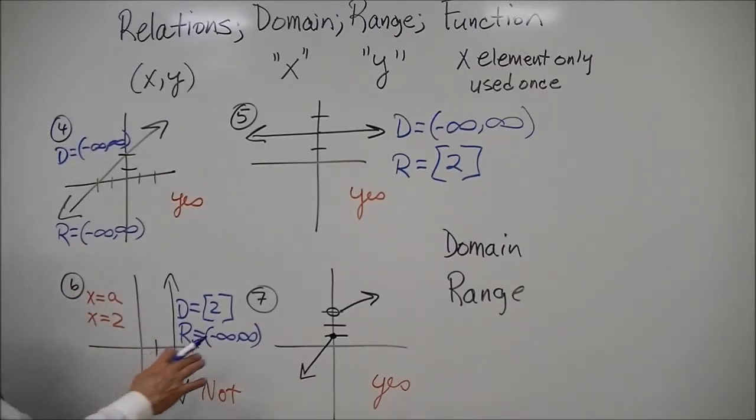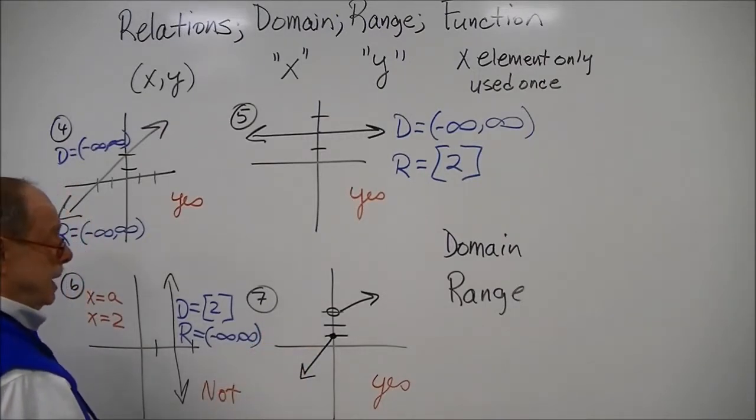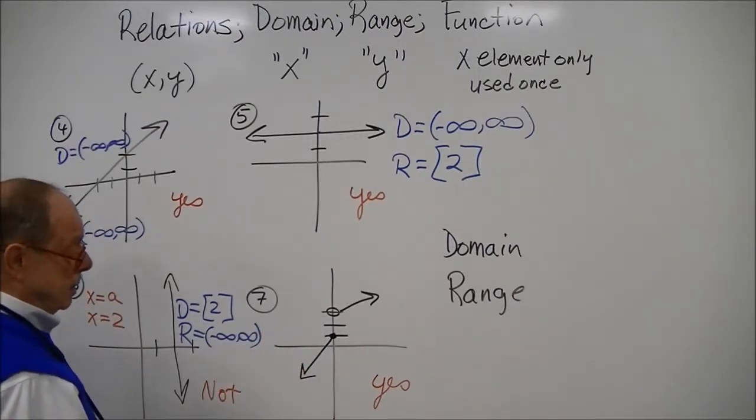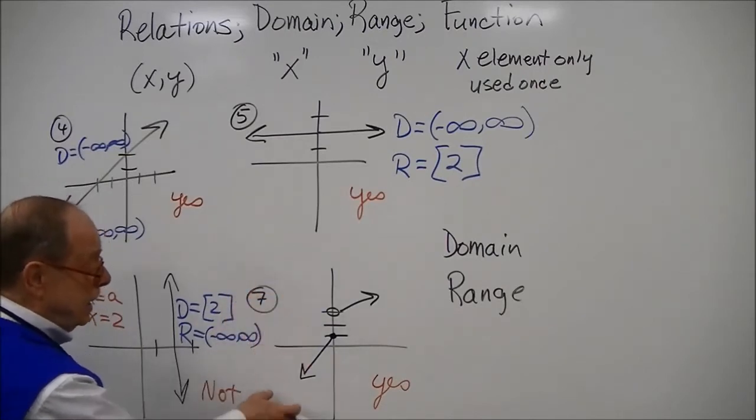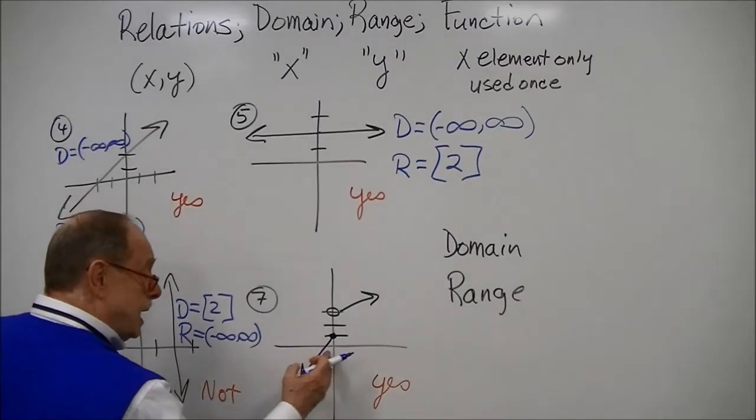Now, this one may not be in our course yet, but will be sooner or later as you take courses. What is the domain of this? Well, again, domain are x values.